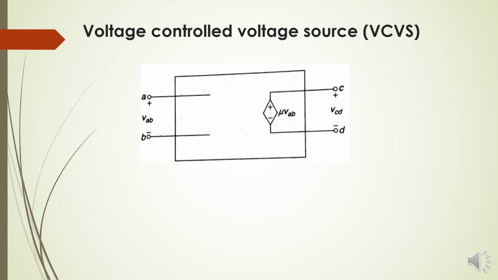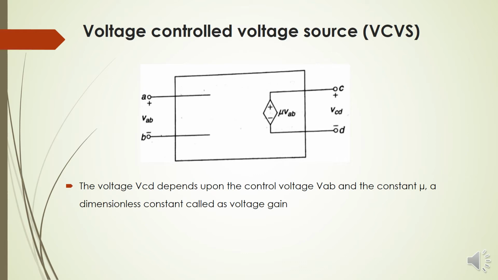Here the output voltage VCD depends on the control voltage VAB and the constant mu, which is a dimensionless constant, also called the voltage gain. So VCD can be represented as mu times VAB.